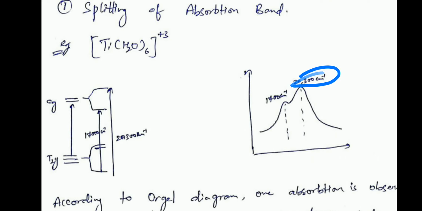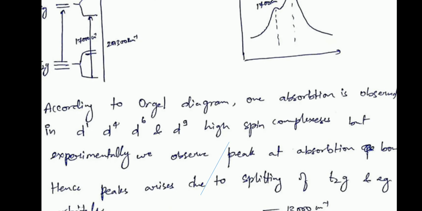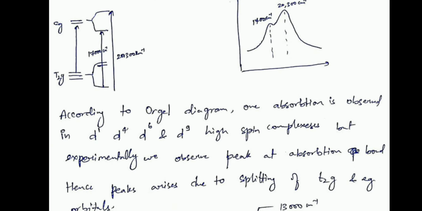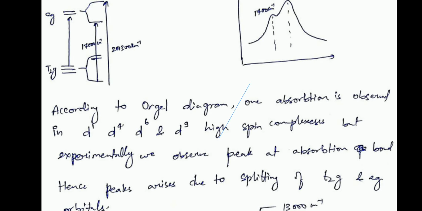According to the Orgel diagram, which I haven't explained yet but will explain very soon, one absorption is observed in d1, d4, d6 and d9. All these four should give just one absorption peak, just one band.